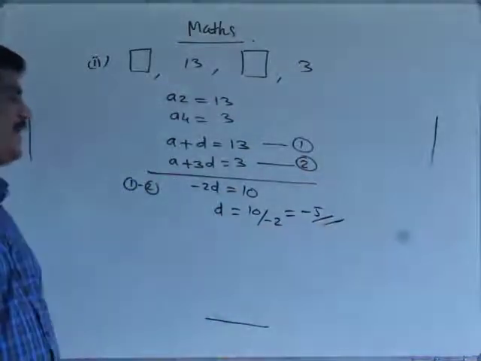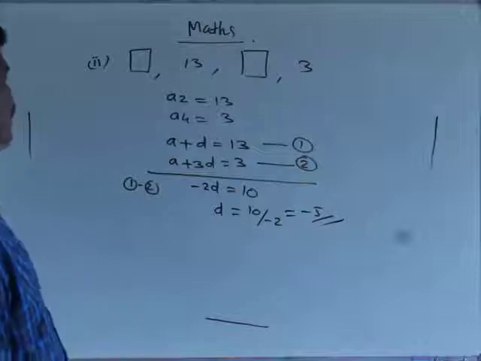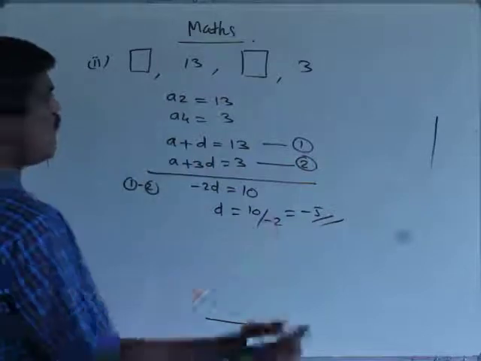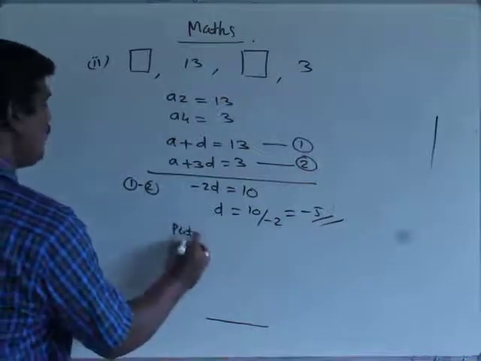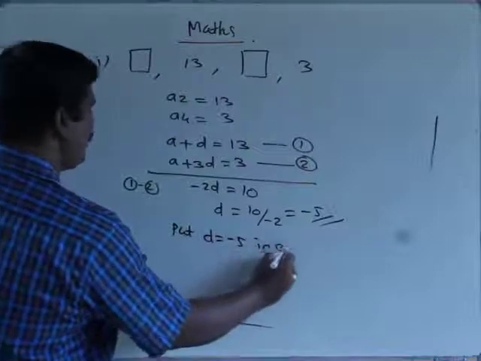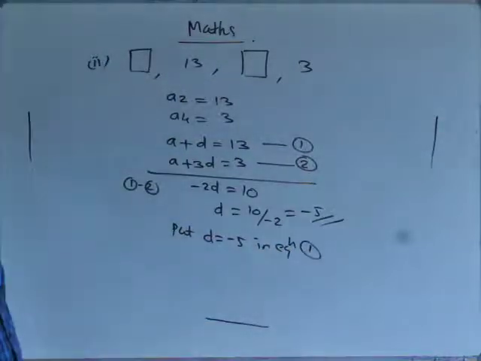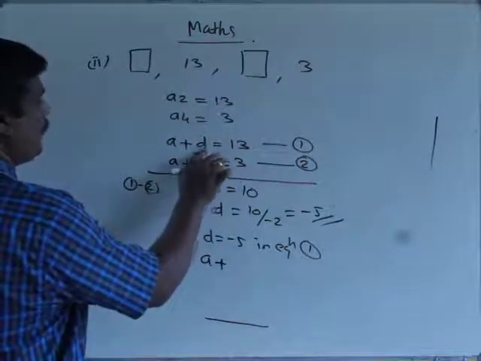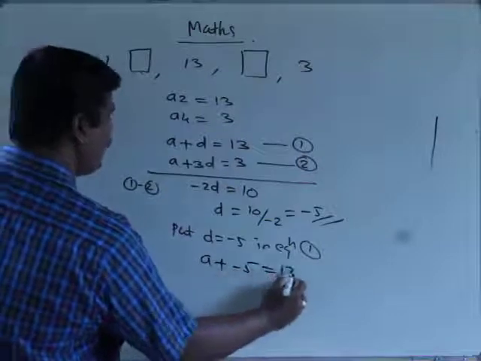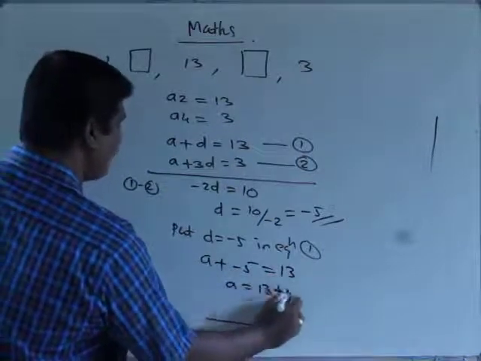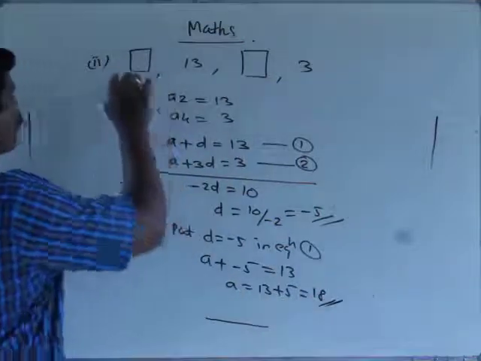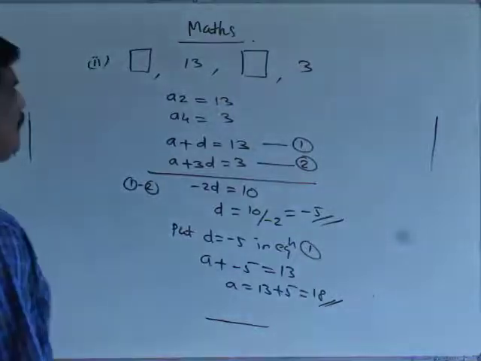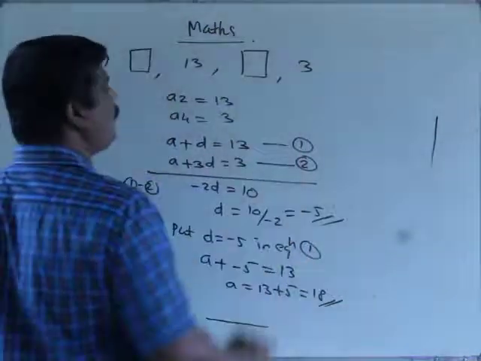Now find a: put d equal to minus 5 in equation 1, that is a plus d equal to 13, a minus 5 equal to 13. Then a equals 13 plus 5, that is 18. So the first box, the answer is 18. Next, find the third term.